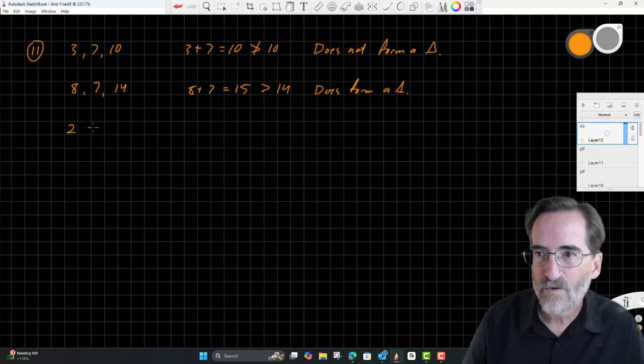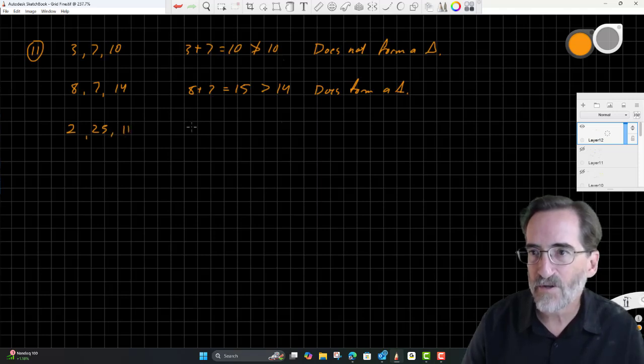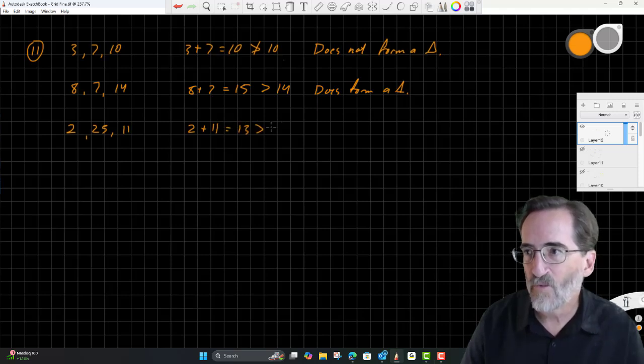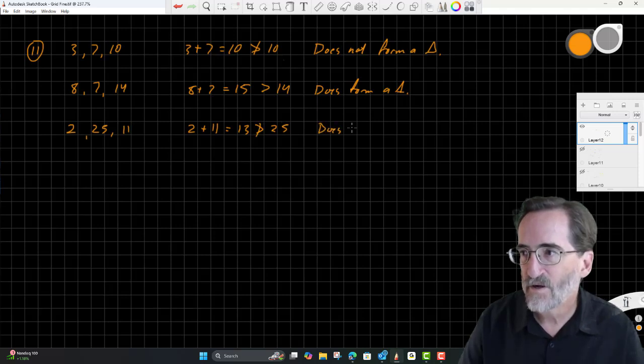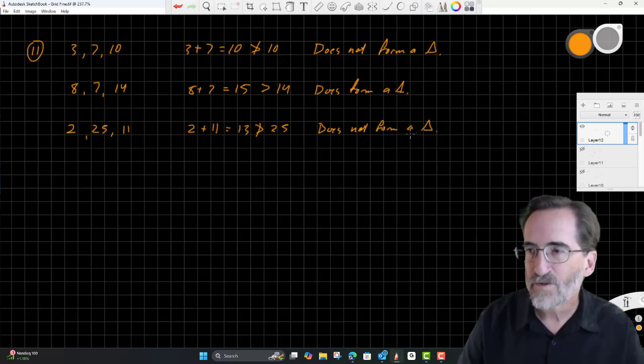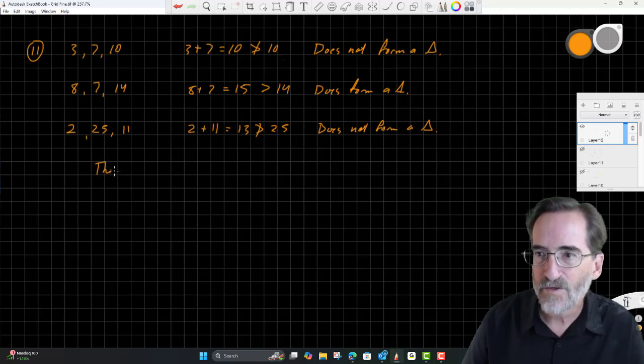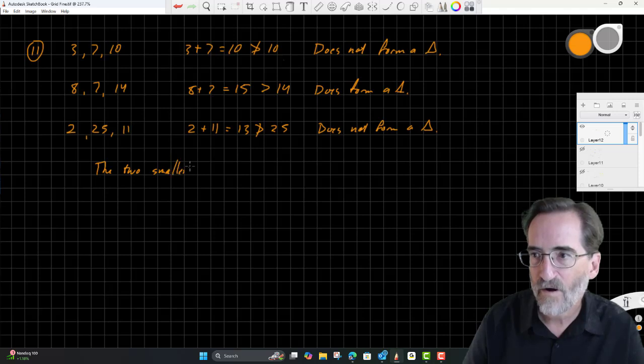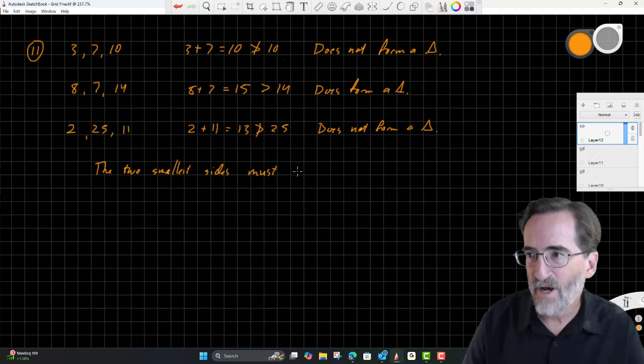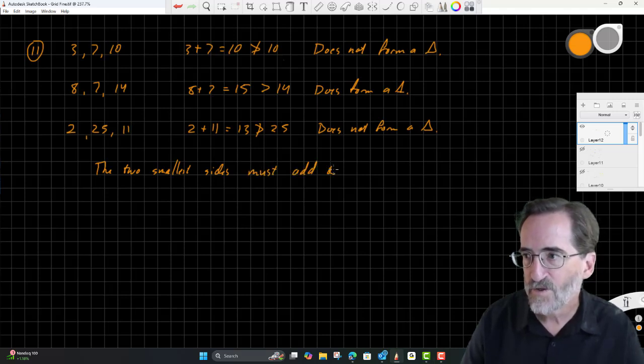Okay? 2, 25, 11. Take the two smallest sides, 2 plus 11. That equals 13, which is not more than the third side, 25. So this does not form a triangle. So the two smallest sides must add to more than the biggest side.